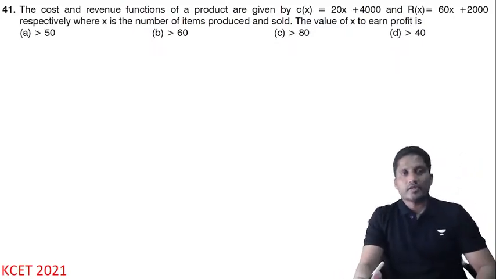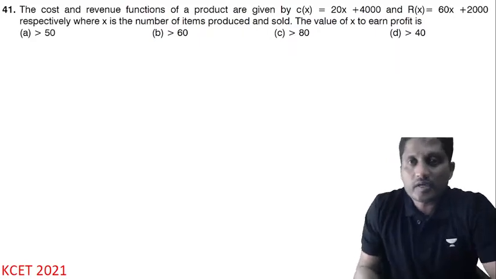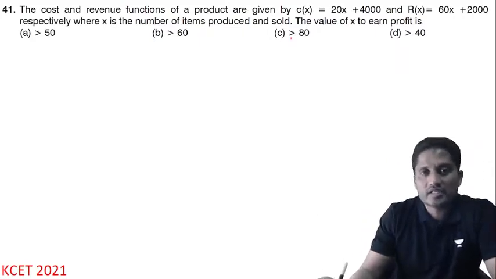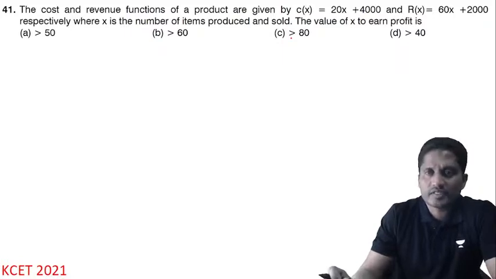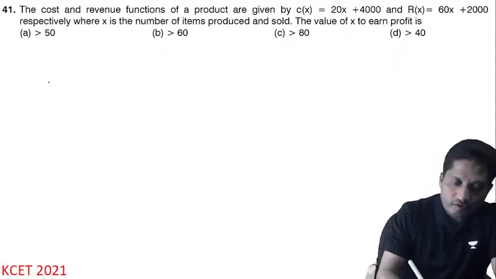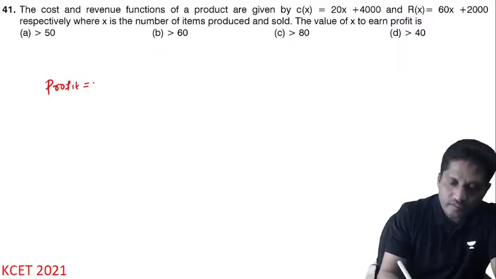The cost and revenue functions of a product are given by C of x and R of x, where x is the number of items produced and sold. Then the value of x to earn profit. Now the profit is always equal to revenue minus the cost, right?